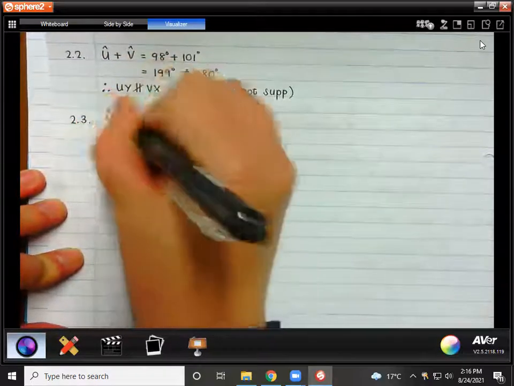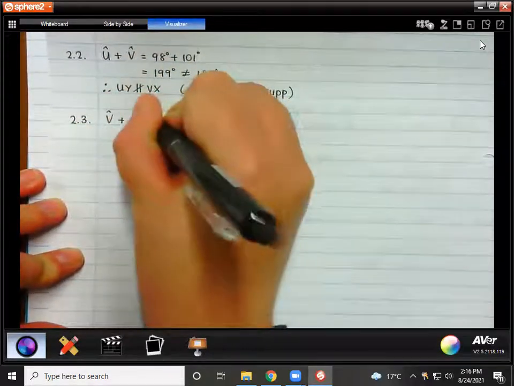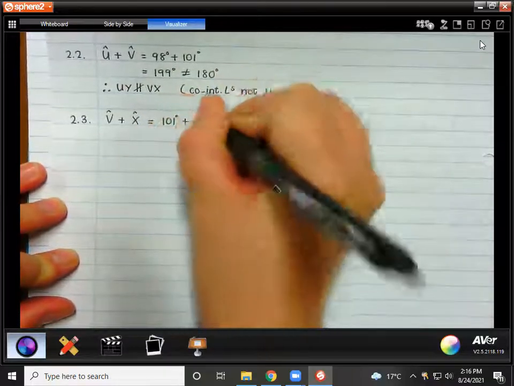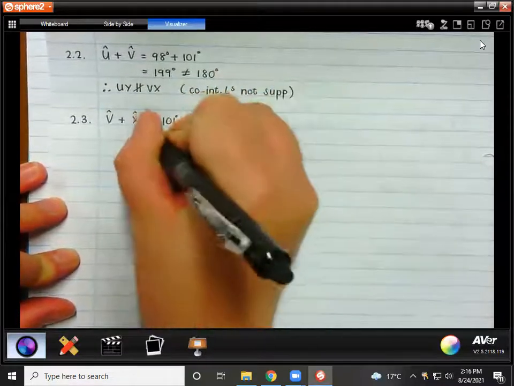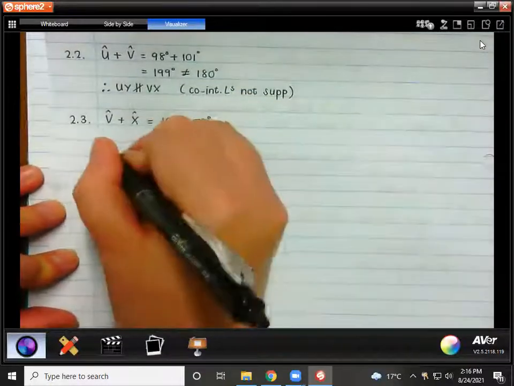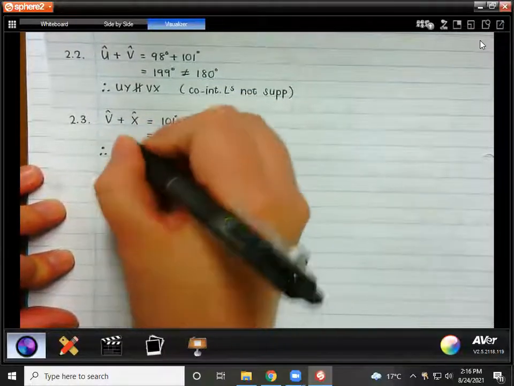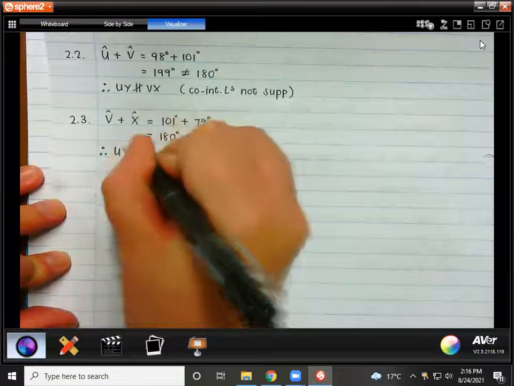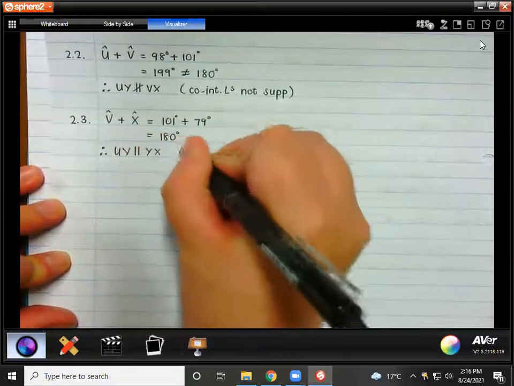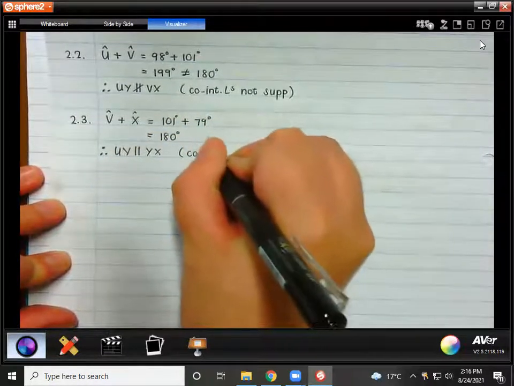You would say that V plus X is equal to 101 plus 79, which is 180 degrees. Therefore, UV is parallel to YX. And now we say co-interior angles.